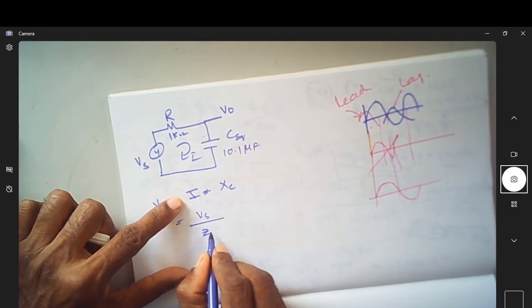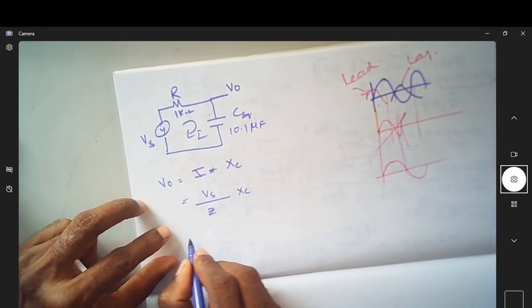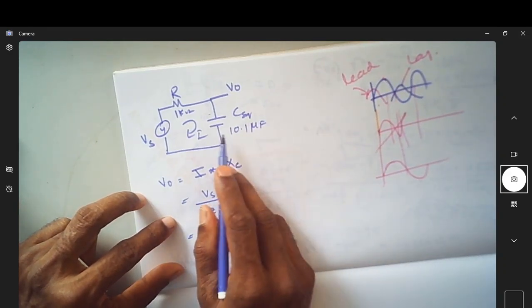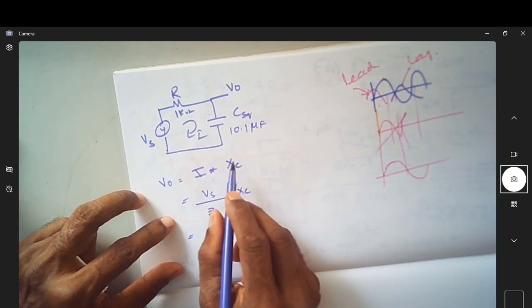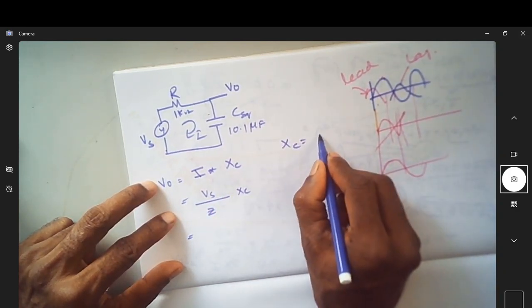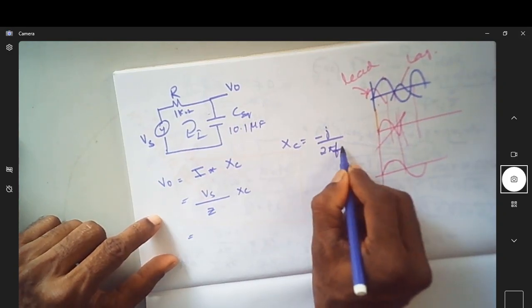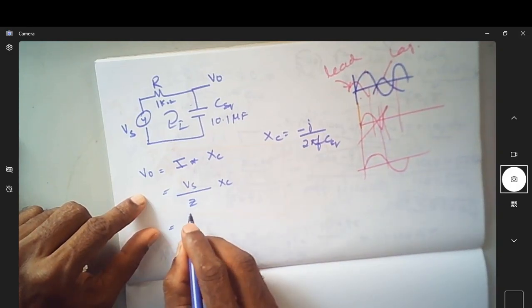Shall I write it as Z, and of course this is XC. This is actually R plus, of course, the XC also. So what is XC now? XC is equal to minus j 2 pi f into C equivalent. So this is the magnitude.